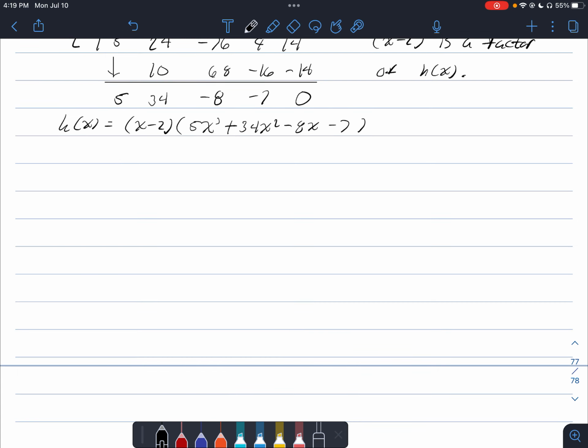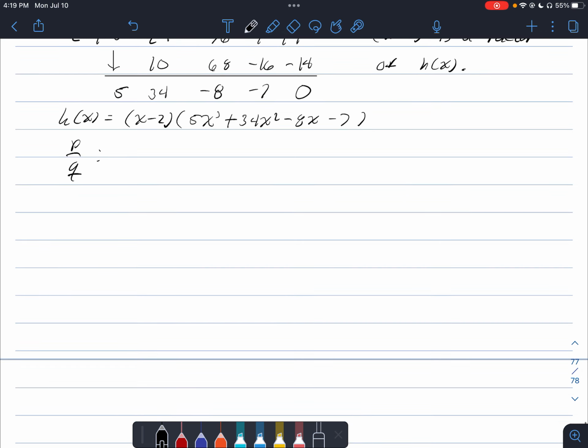However, if you want to narrow it down a little bit, we can do this process all over again. So we can say P over Q, okay, where now we need to use the rational zeros theorem to find out which possible rational zeros are here, okay? So here we're going to have a factor of negative 7 over a factor of 5, okay?